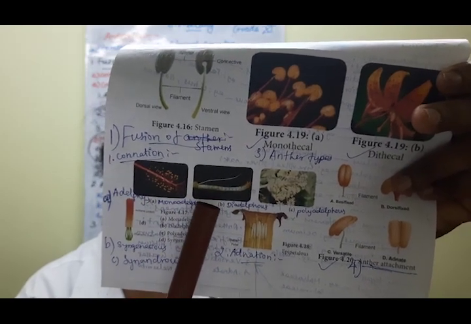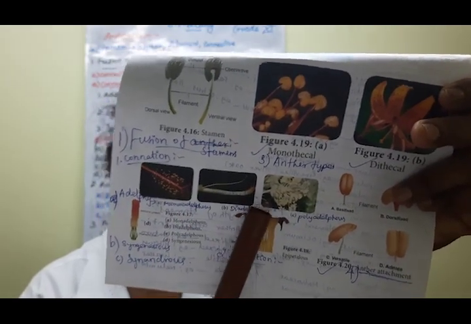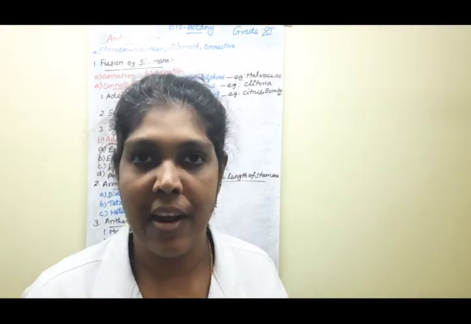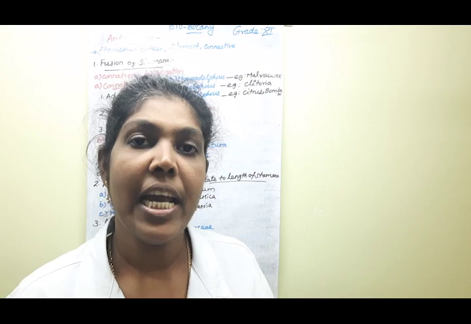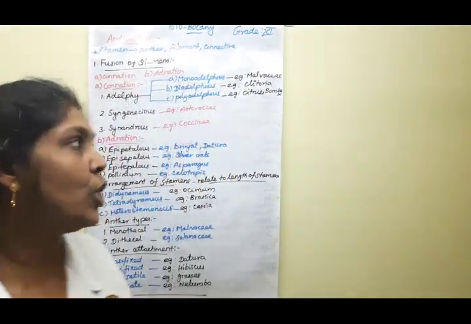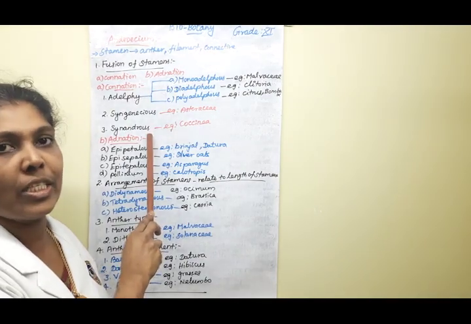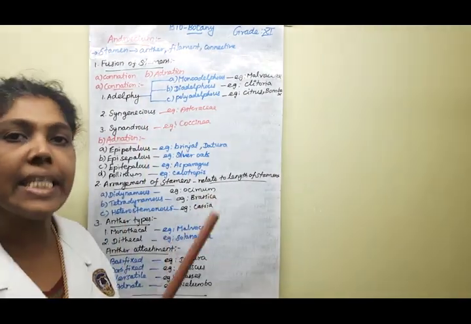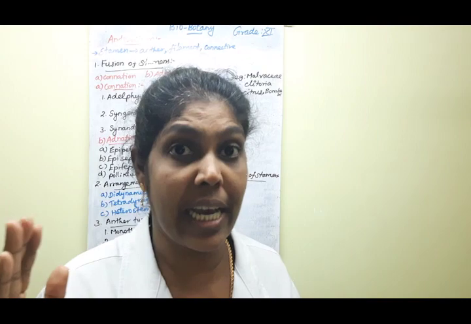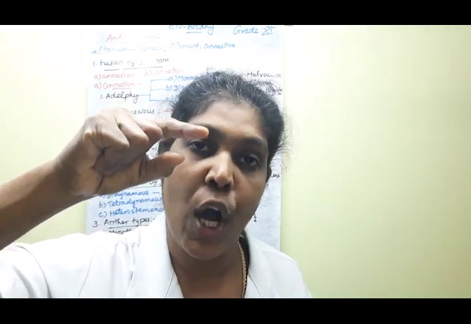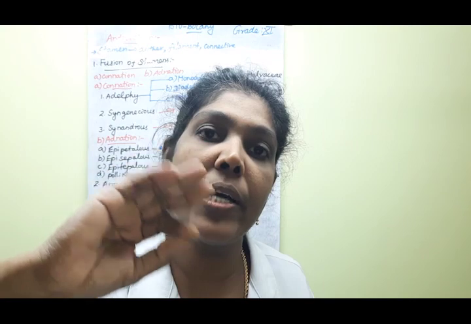Then the second condition is diadelphous, and the third condition is, what is that children? Very good, polyadelphous. Clear? Then two more subtypes: syngenesious and synandrous. Syngenesious means, listen carefully, the anthers are joined, but the filament part is free.